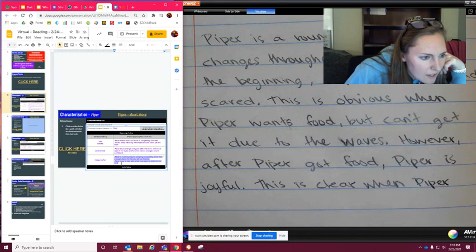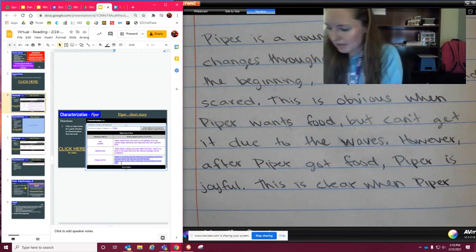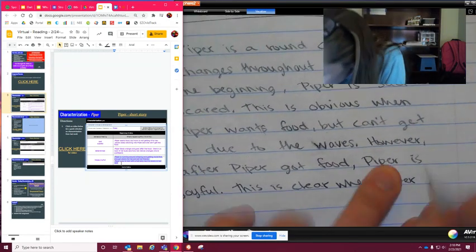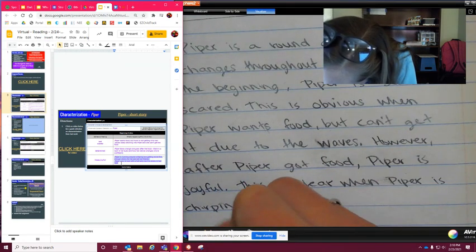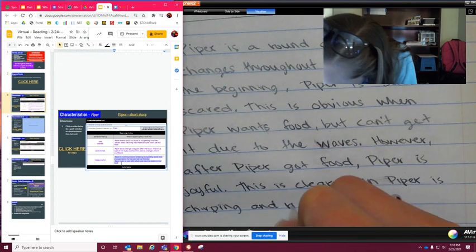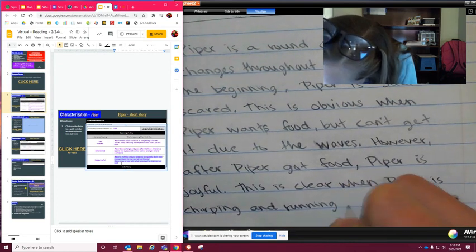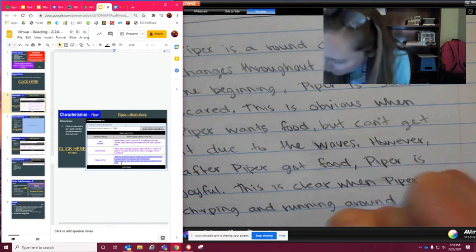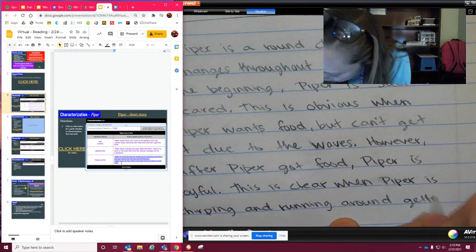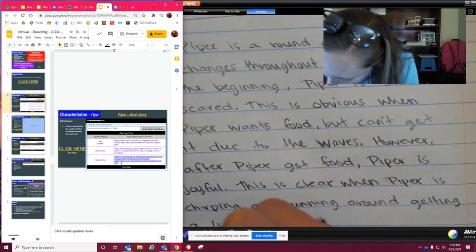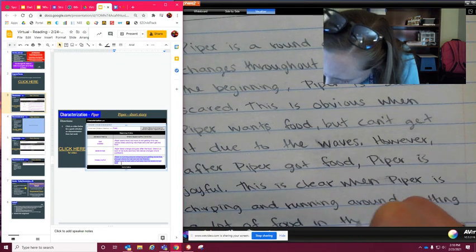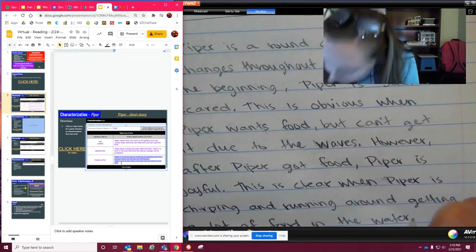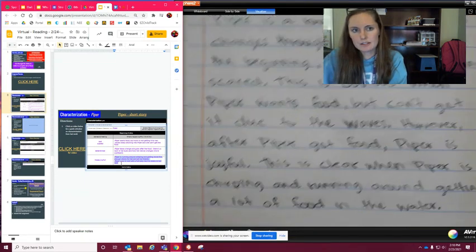So we're going to go here and it says Piper's running around chirping and getting more food. All right, so I'm going to use that one. So this is clear when Piper is chirping and running around getting a lot of food in the water. Okay, so there is my format.